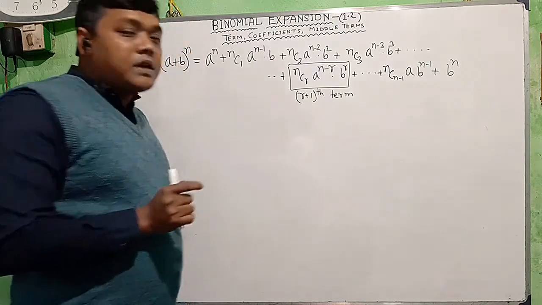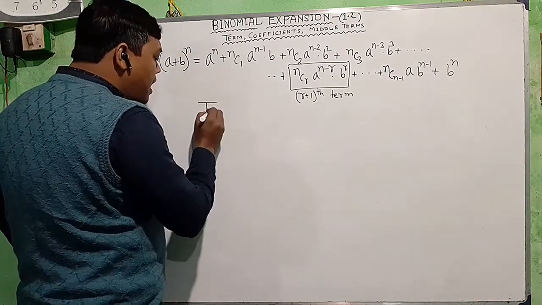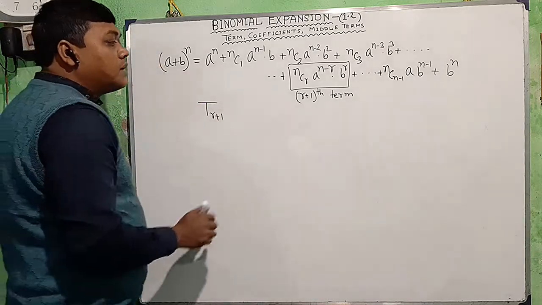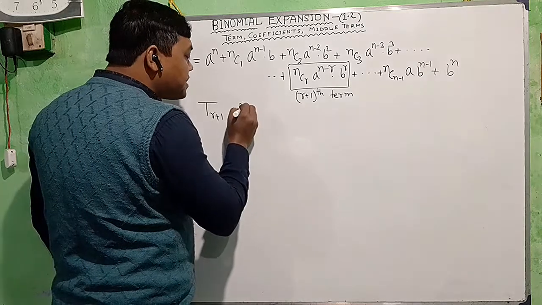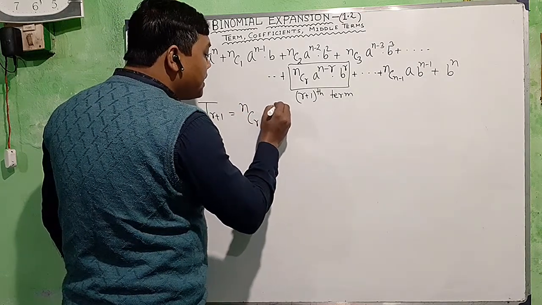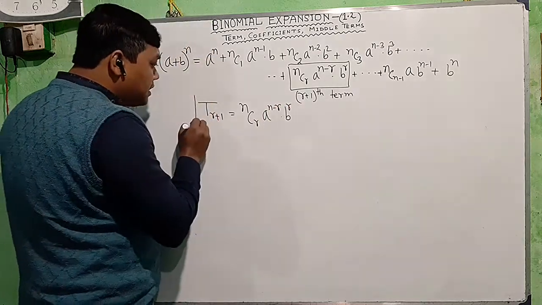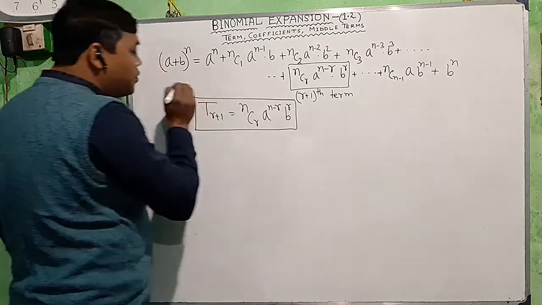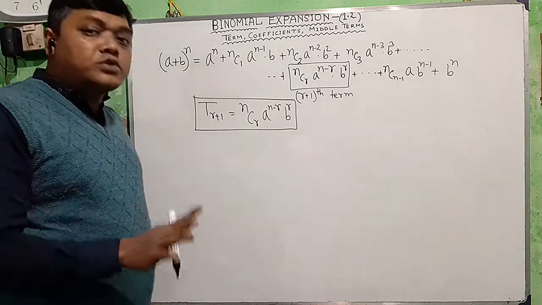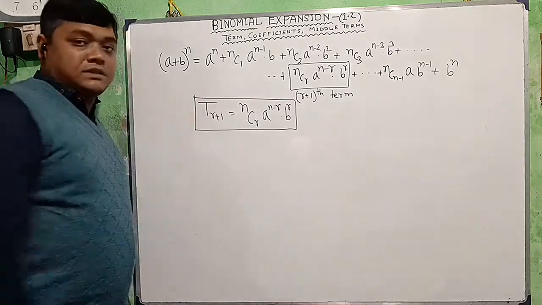The (r plus 1)th term is denoted by T(r plus 1), and the expression is nCr a to the power n minus r into b to the power r. This is the most important expression for solving difficult types of problems.